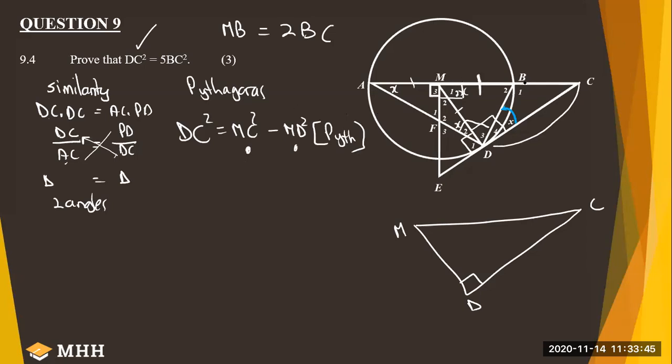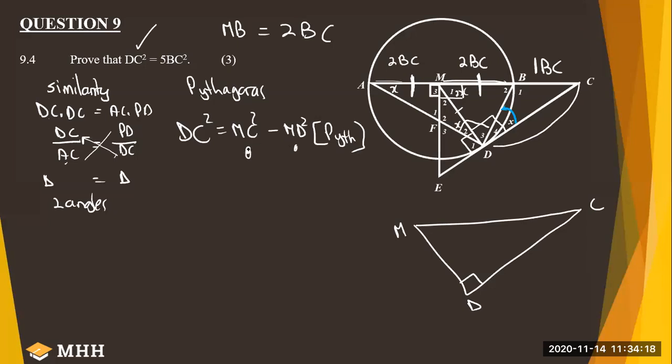MB is equal to 2 of those. So if MB is equal to 2 of the BCs, it means AM will also be equal to 2 BCs, you see? So this is just 1 BC. You see what I'm doing? This is 1 BC, and this is going to be 2 BCs, and this will be 2 BCs.